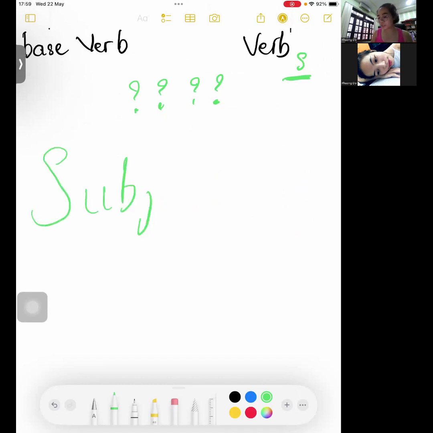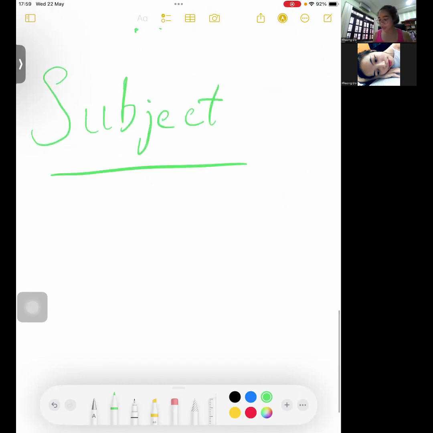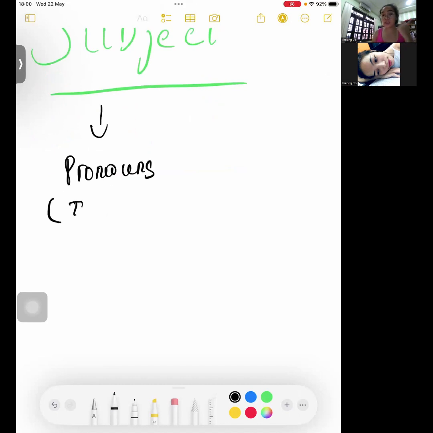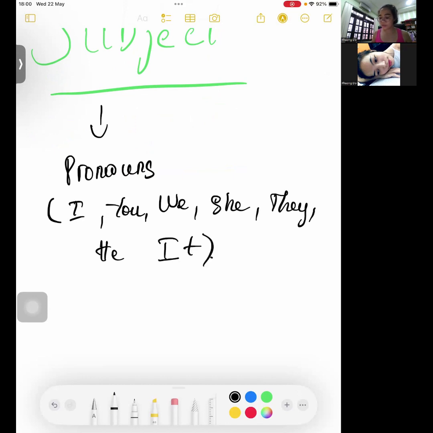Do you remember the subject in the sentence? Okay, the subject can be a pronoun, right? Pronoun is I, you, we, she, they, he, and it, right?